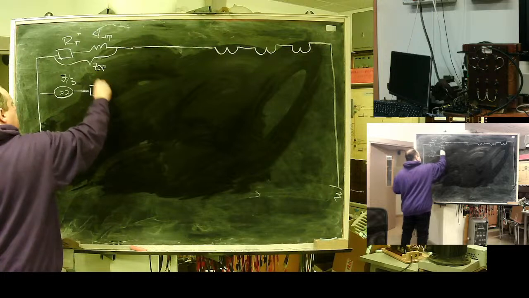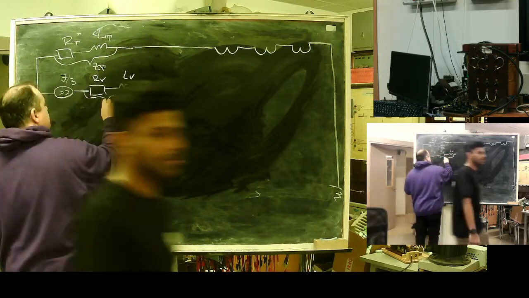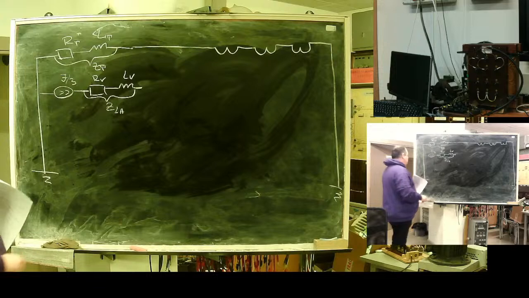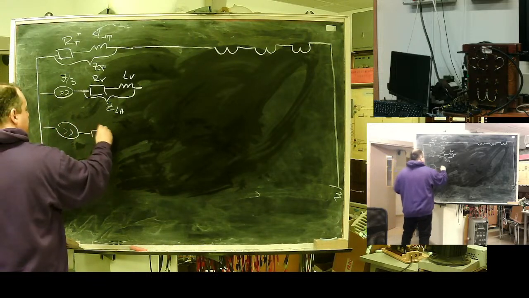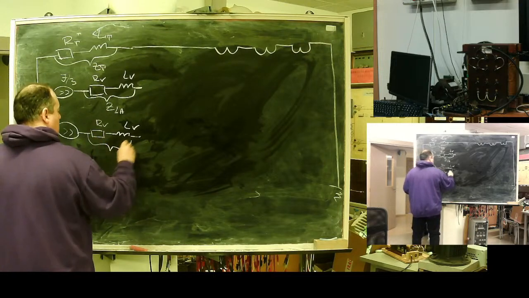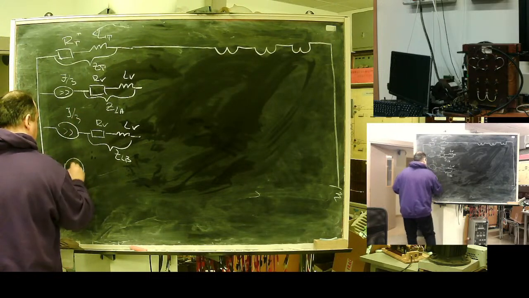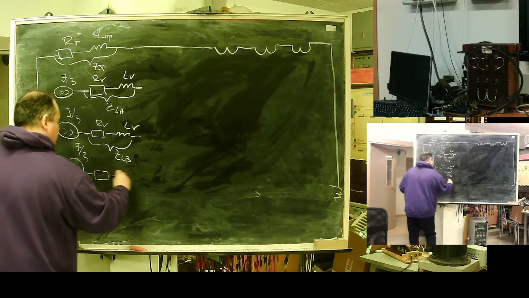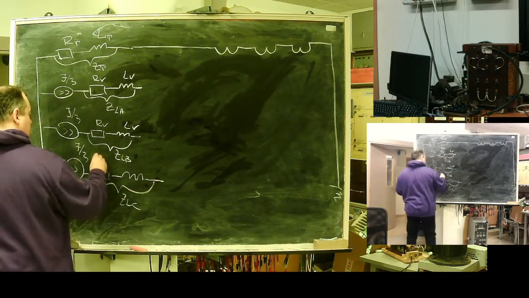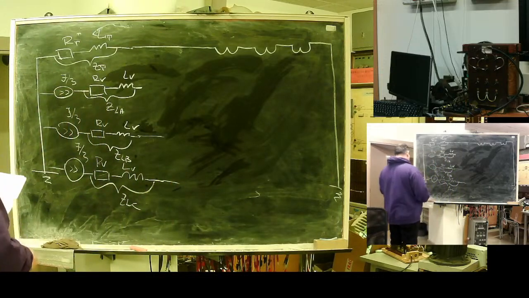This is self for phase A, self for B and C. Okay, I have three self.